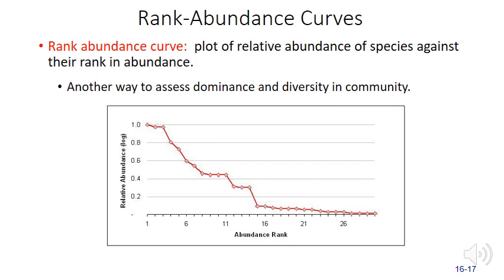And then on the y-axis, you have relative abundance of those species. So the most abundant species in the community is on the left-hand side, and it slowly works its way down to the least abundant species on the right. So this is a really useful tool because it allows us to understand something about the distribution of abundances within the community just at a single glance. So this line tells us an awful lot about how that community is structured.